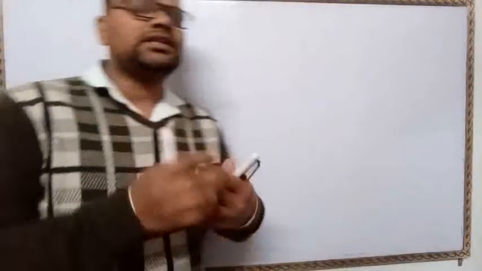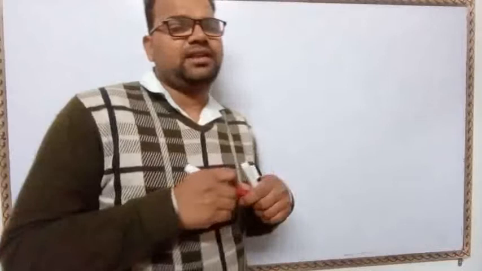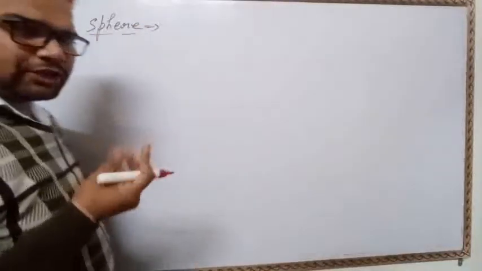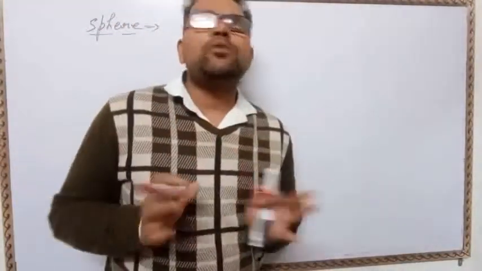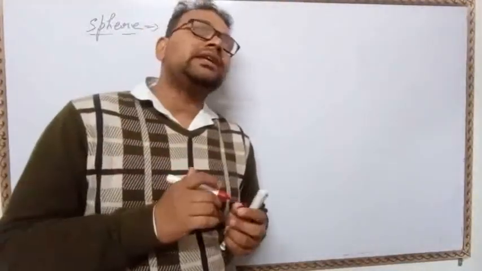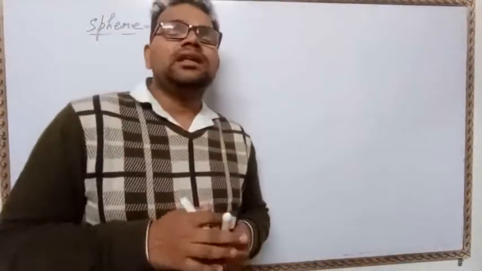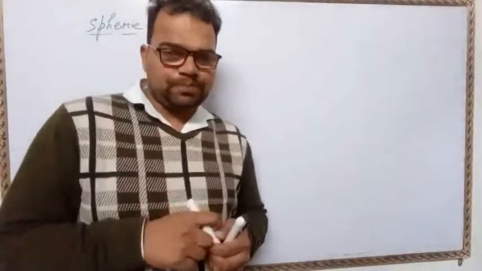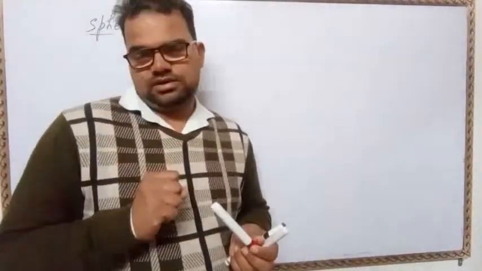Now we will discuss the next solid, that is sphere. First we understand what a sphere is. We all know about the circle. Circle is a plane figure. If we rotate a circle about its axis, then we form a sphere. A sphere is just like a ball.